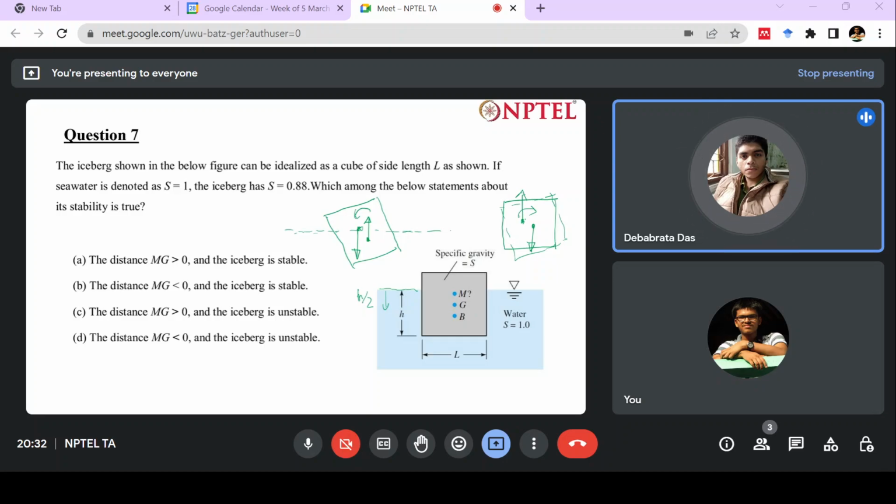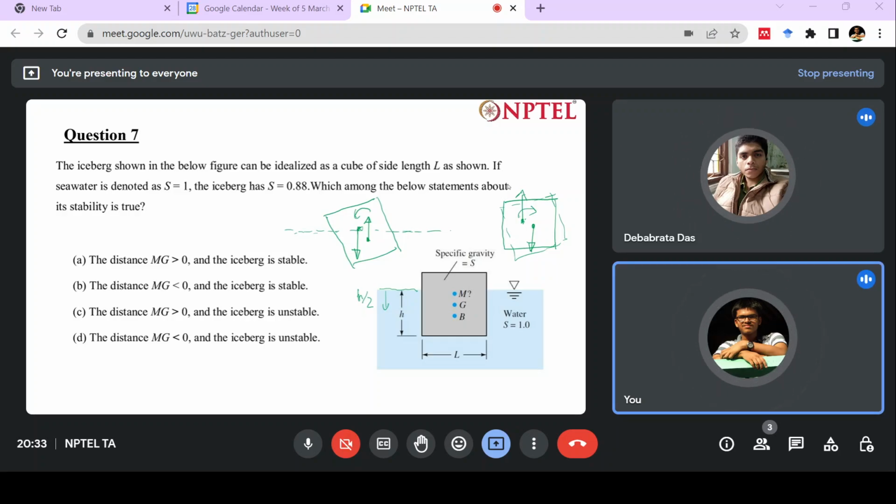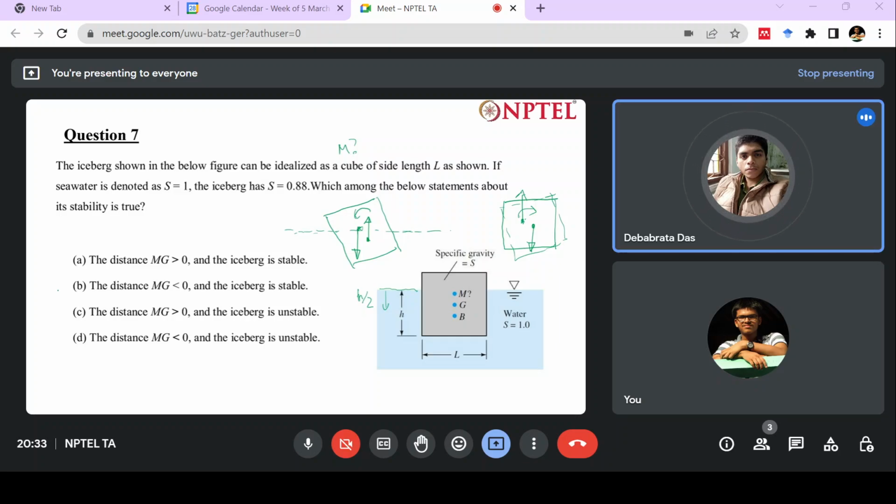The reaction forces will intersect with the... No, reaction forces I understand, but how do you find point M? The metacentric height or only the point M?